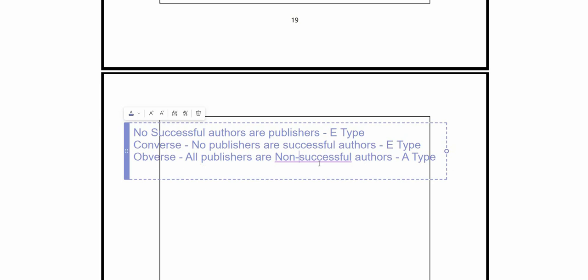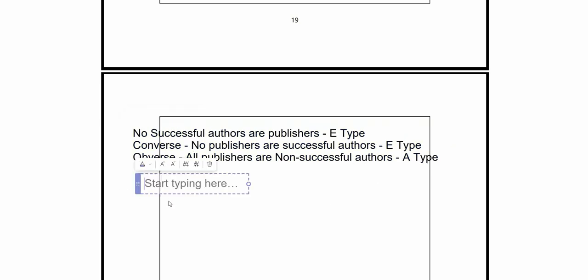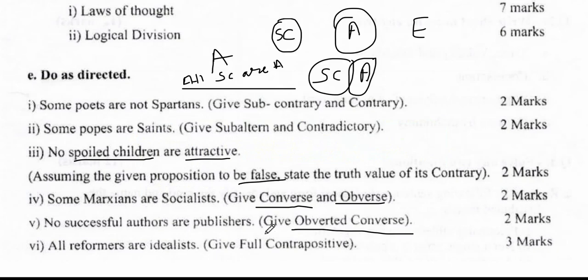So all publishers are non-successful authors. So this is the final obverted converse. Very easy, 2 marks you can easily score in this. No successful authors are publishers, easily we can score 2 marks.